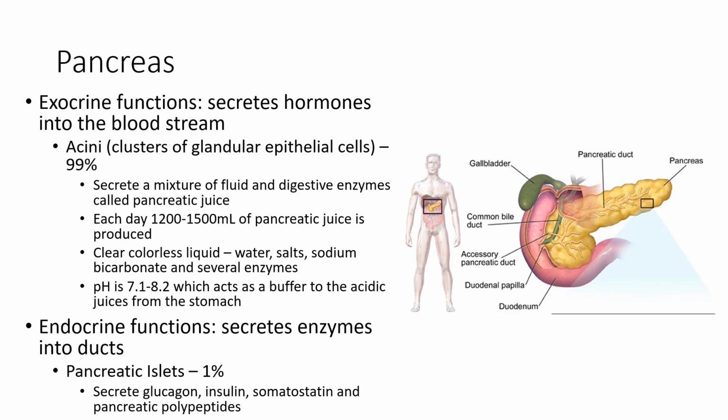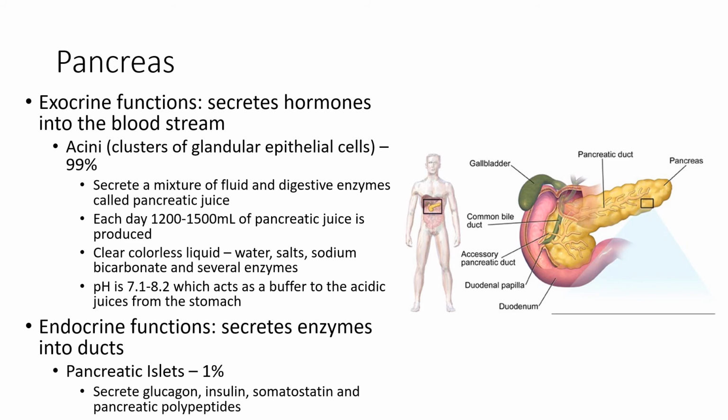Meanwhile, these exocrine functions are going to be a secretion of a mixture of fluids and digestive enzymes called, very conveniently, pancreatic juice. So each day your pancreas is going to secrete around 1,200 to 1,500 milliliters of pancreatic juice.